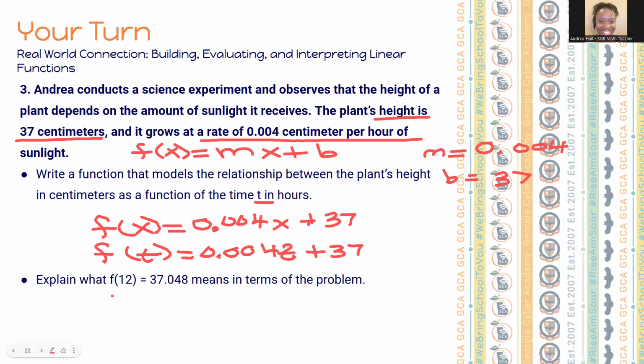Explain what f of 12 equals 37.048 means in terms of this problem.